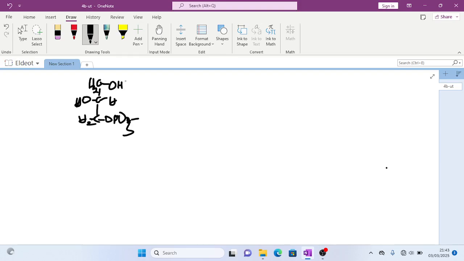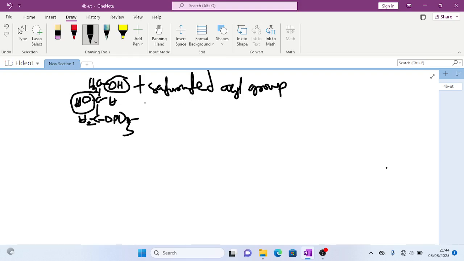This first hydroxyl group here will be esterified with a saturated acyl group, while this second hydroxyl group will be esterified with an unsaturated acyl group. So this is our C1, this is our C2. So let me rub this off.